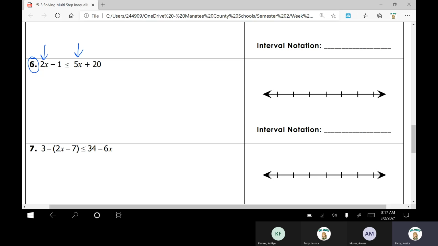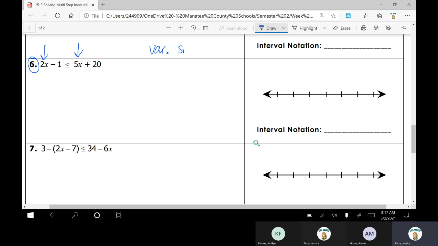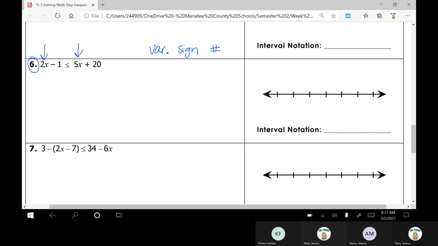We've got the 2x on the left, and we have that 5x on the right. Our goal for inequalities, you always want to end up with the variable on the left, your sign, and then your number. So let's go ahead and move the 5x over to the other side.